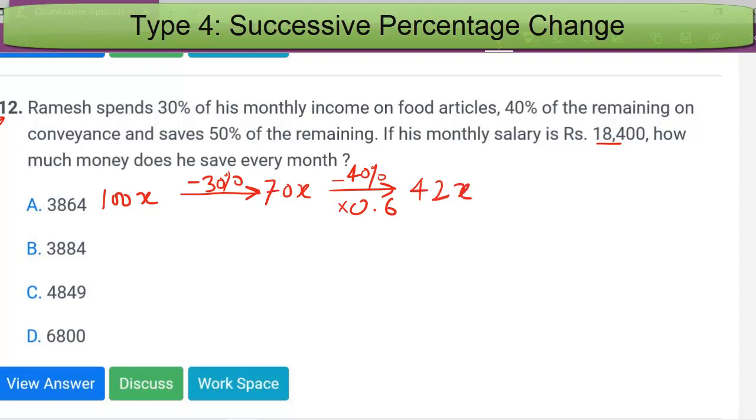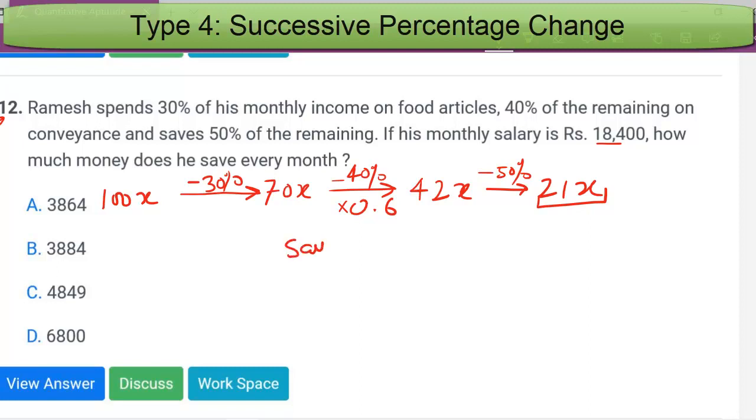Now from this it is said 50% he saves, so 50% of this is spent and 50% of this is saved, so 21x, half of this, is saved. So 21x is saved, and now the question is how much money does he save every month?